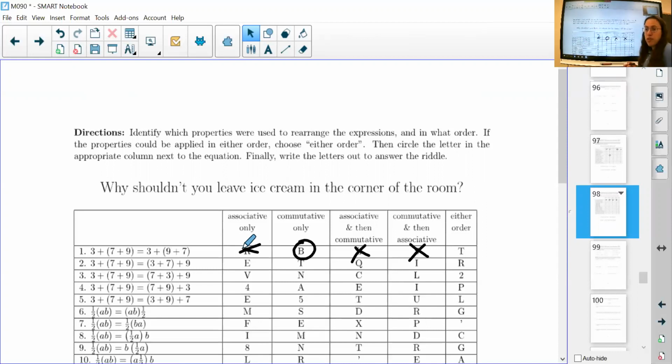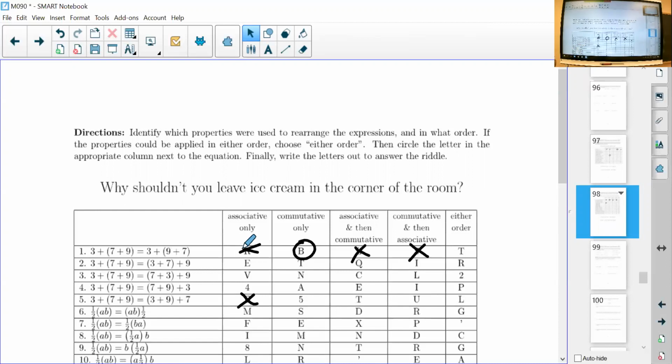So we'll start with commutative only. Let's take a look at number 5 together. We have 3 plus 7 plus 9 equals 3 plus 9 plus 7. Again, I heard something change. It's not associative only. But this time the parentheses are around two different numbers, a 7 and a 9 here, a 3 and a 9 here. So this is a two-step problem. Let's try it out. 3 plus 7 plus 9.